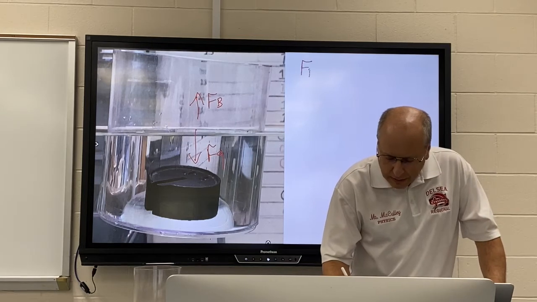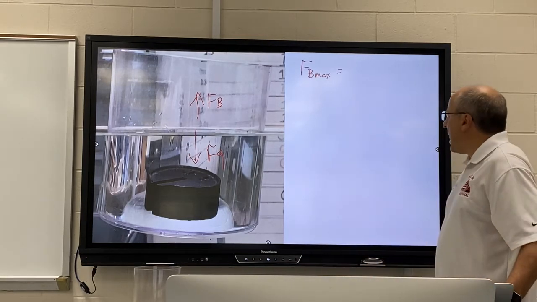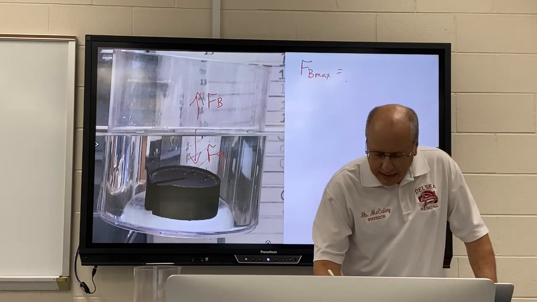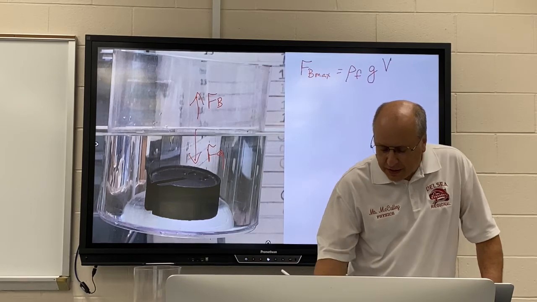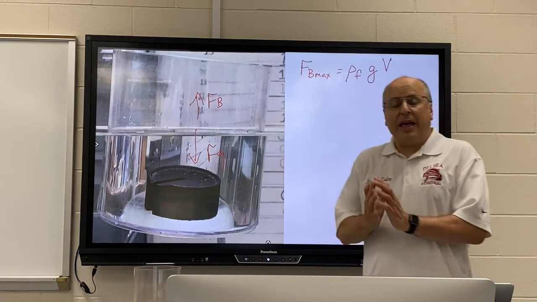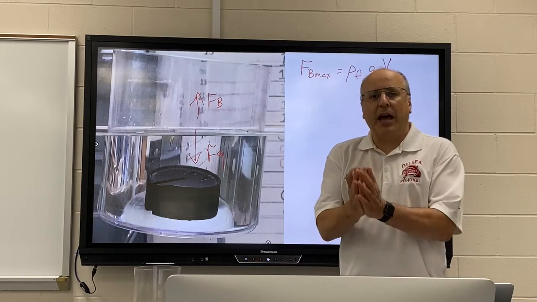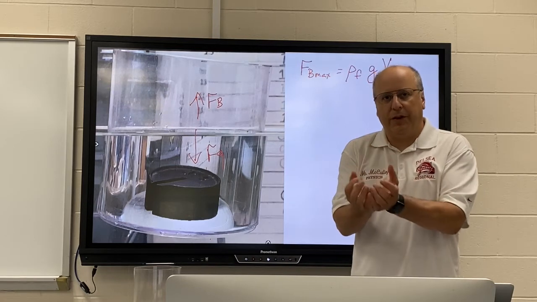And the maximum buoyancy, we'll call it force buoyancy max, would be the density of the fluid, the planet's gravitational field, and the total volume of the container. That would be the maximum when the entire container is practically all under the fluid.